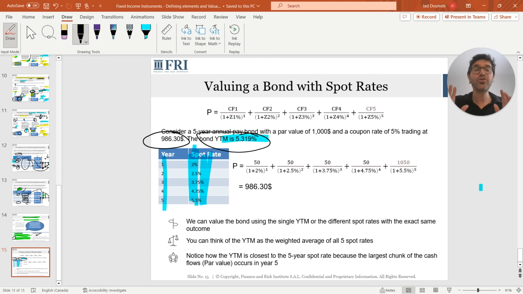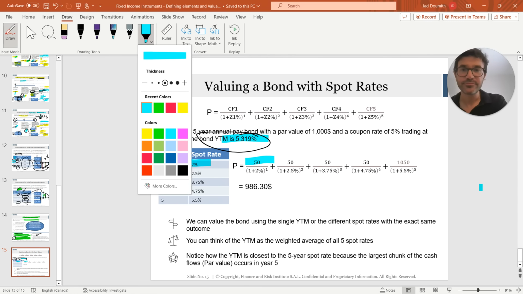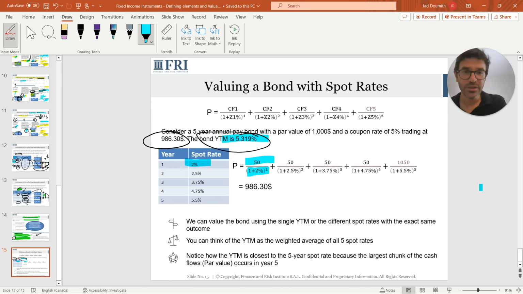So whether you value the bond using the single YTM of 5.319 or you discount every cash flow at the appropriate spot rate, every cash flow is discounted at the appropriate spot rate.